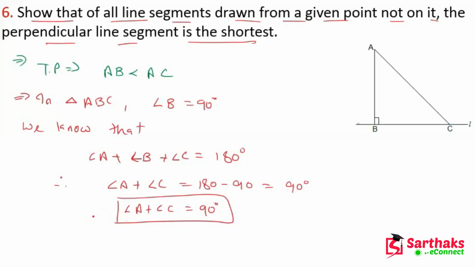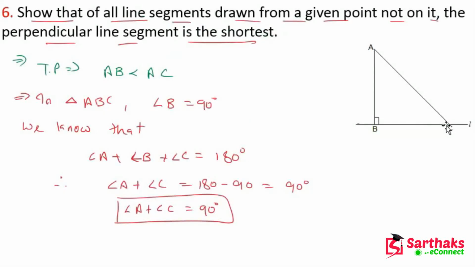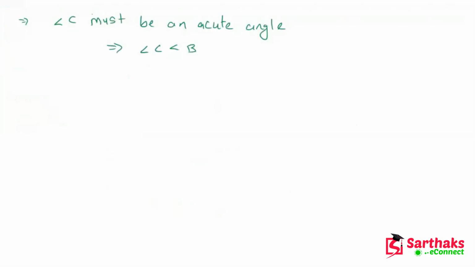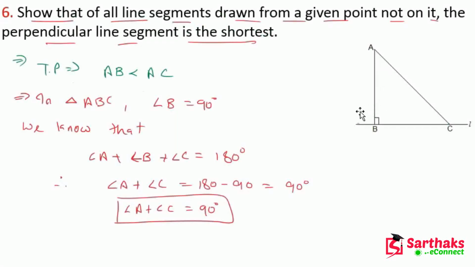Now angle C must be an acute angle, so that angle C is less than angle B. And so we can say that AB is less than AC, because angle C is smaller.